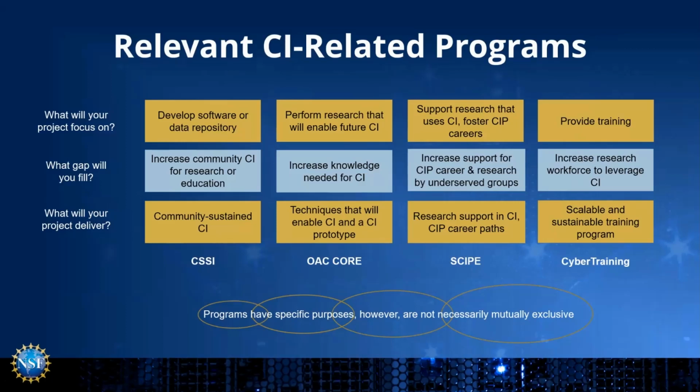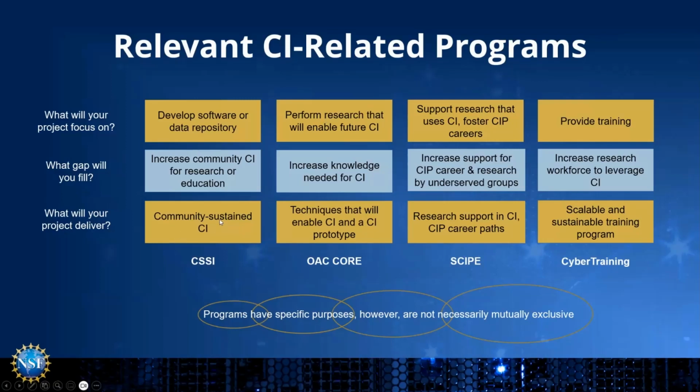And then we have the Cyber Infrastructure Development Program, that is CSSI. That will actually develop software or data repositories. And we have an OAC Core program, which is a research program. That is, it produces research that will enable future CI.